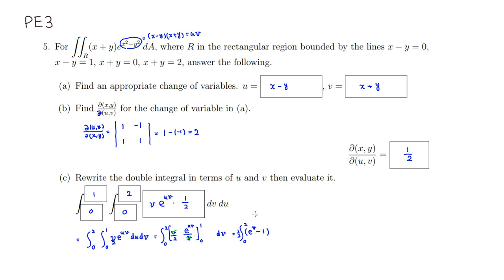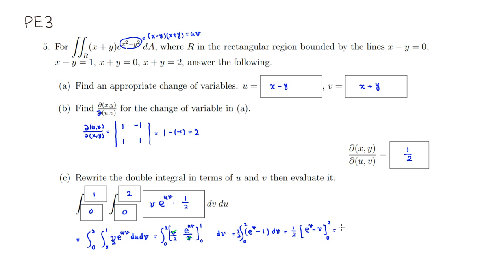Then we still have to integrate with respect to v. The 1/2 is just a constant placed outside. The antiderivative of e to the v is e to the v, minus the antiderivative of 1, which is v. And then you are going from 0 to 2.